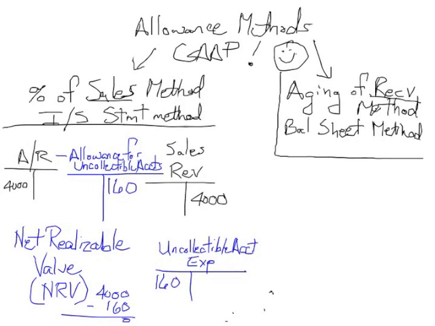So, how much is that? That is $3,840, and it really doesn't show down at the bottom of my screen. So our net realizable value of our accounts receivable is only $3,840. That is the real value. And remember at the beginning I said financial statements show the value of your company? Well, our asset is not really worth $4,000. It's worth $3,840. And that's why we do the allowance method right up front.